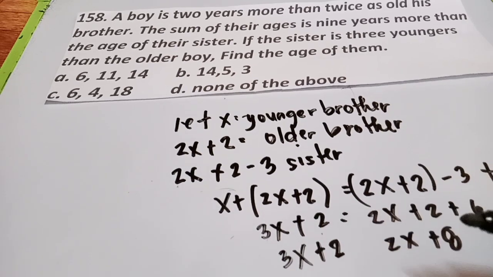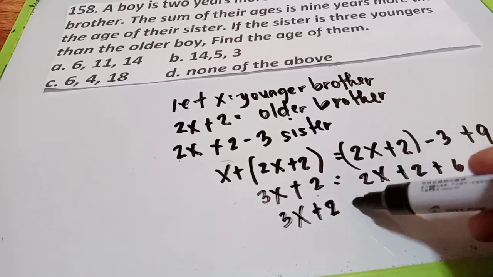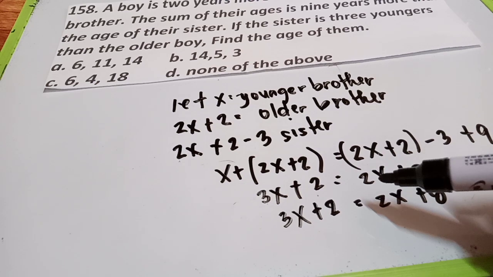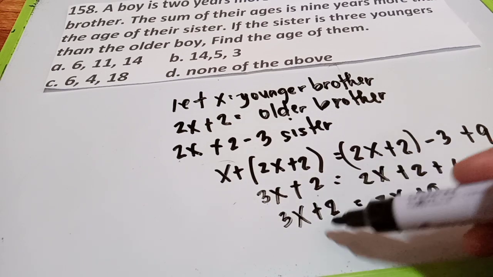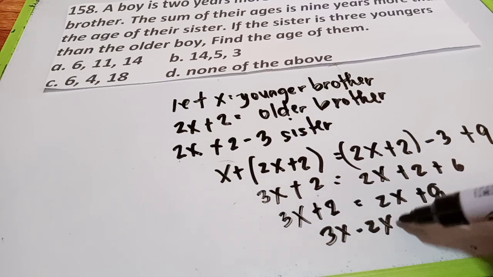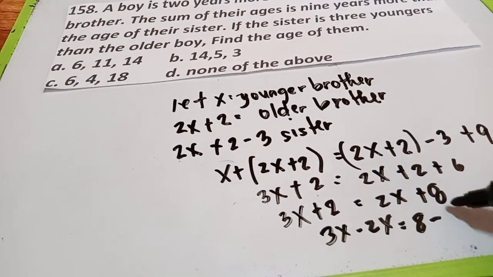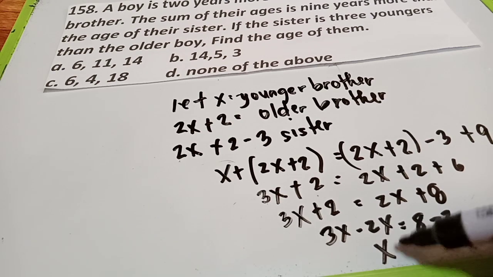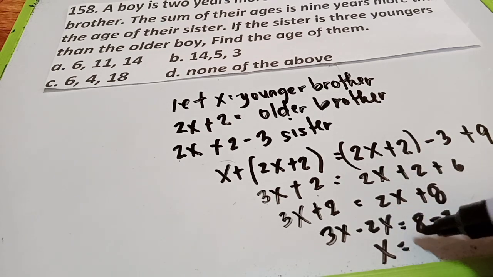How do we get the value of x? Again, this will become 3x minus 2x. Transpose, and then 8 minus 2. And then x will become 6.